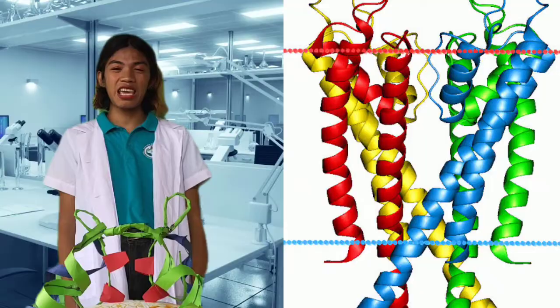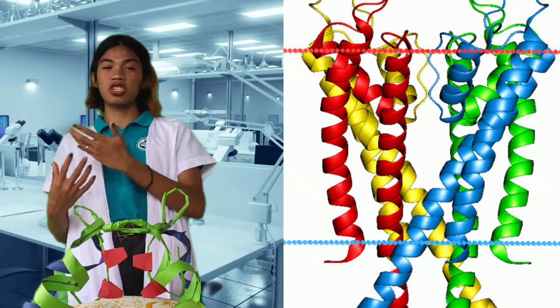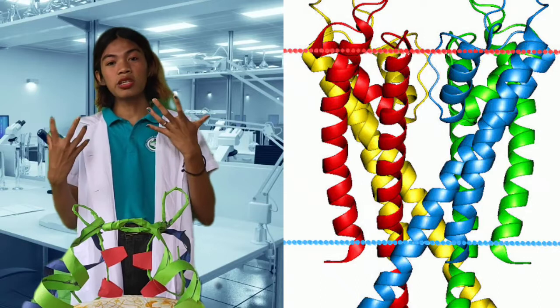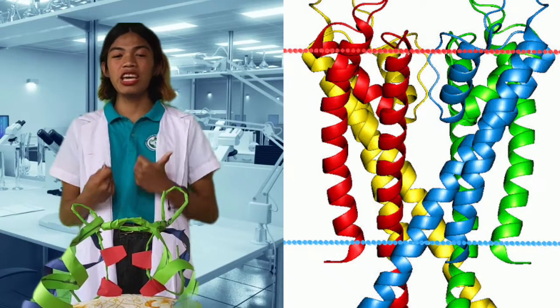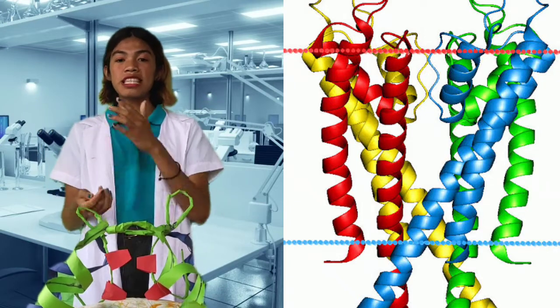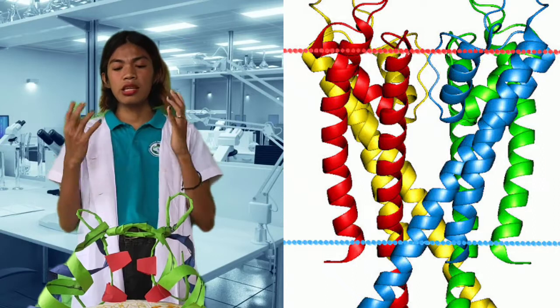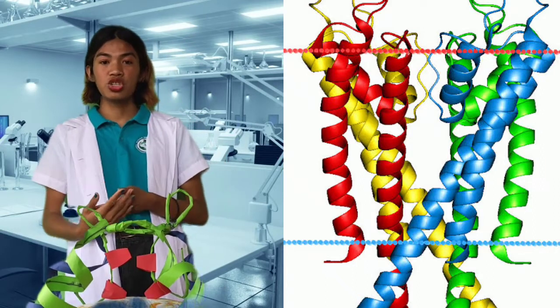What is KcsA? KcsA, also known as the potassium ion channel of Streptomyces A, is a prokaryotic potassium channel found in the soil bacteria Streptomyces lividans. The KcsA is well studied in the said bacteria.